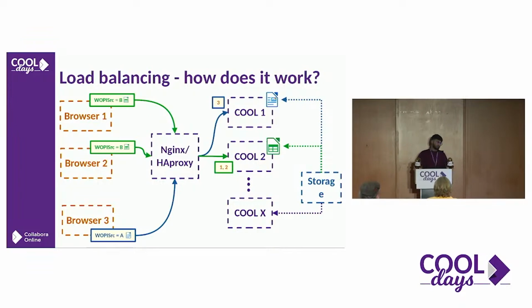Otherwise, you would have horrible problems. You would have data overwrite because both sessions will be open in different Collabora Online servers and they don't know about each other, what's going on between them.